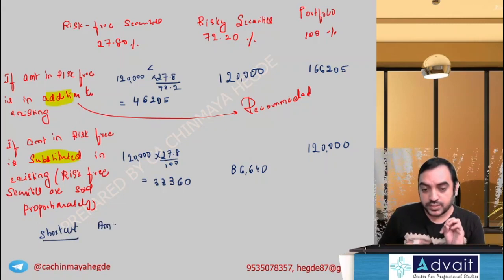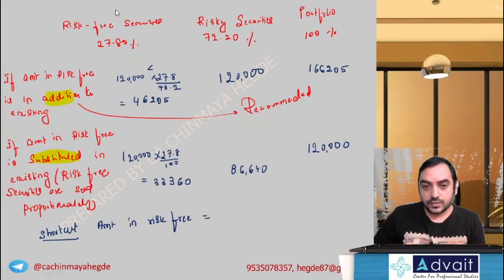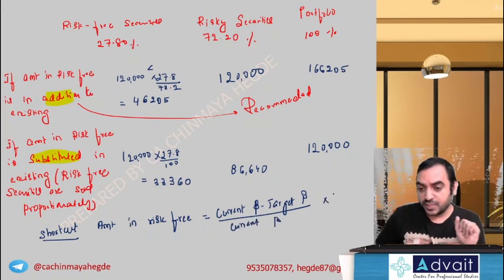The amount in risk-free security is going to be calculated by current beta minus target beta, divided by current beta, into the existing portfolio amount.